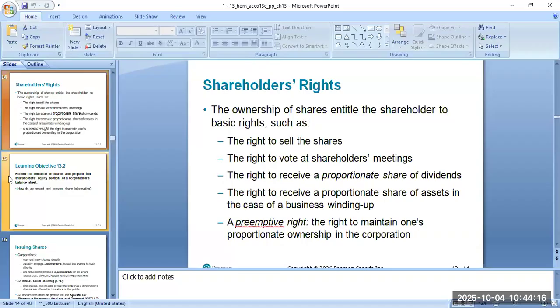And since you have the right to keep your proportion of the ownership of the company, we're going to offer you the number of shares which is going to allow you, after the issuing of those extra shares, to still have 1% ownership of our company. Make sense? So even if they increase the number of shares, my percentage is still going to be the same.